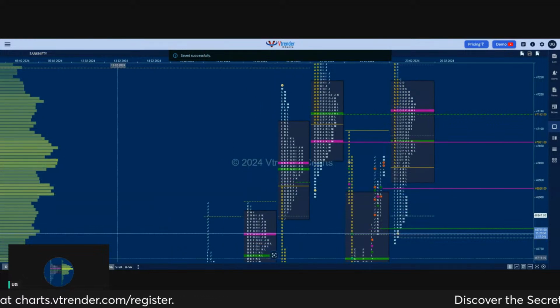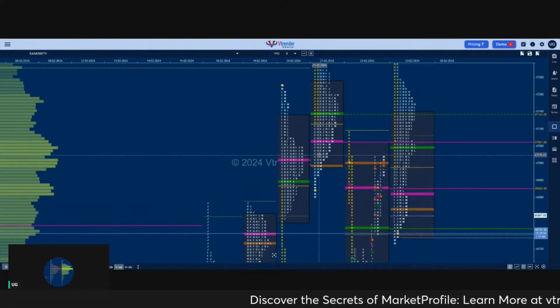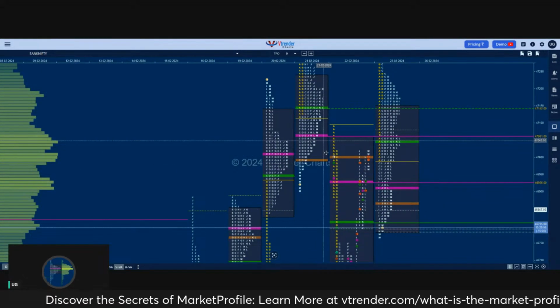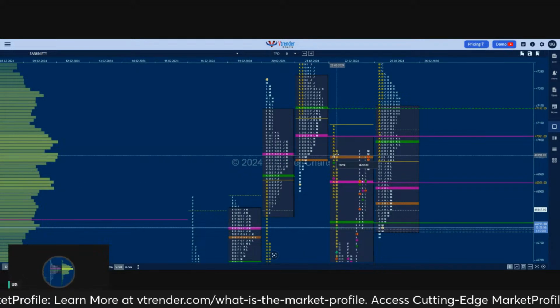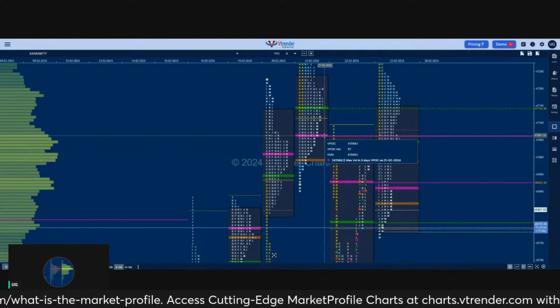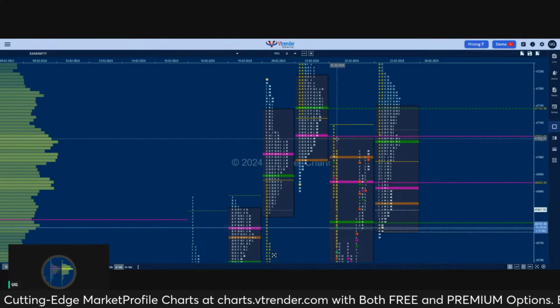You can see this. So this spike had to get accepted, in the sense we had to break below this. And when we probed higher at the open yesterday, we could not get above this VPOC. So this was the indication in market profile that the auction is not wanting to probe higher.